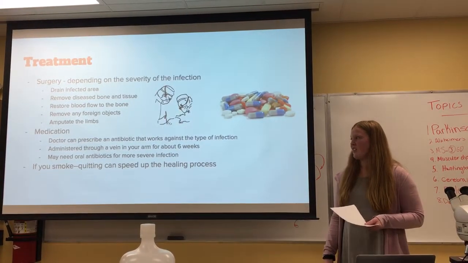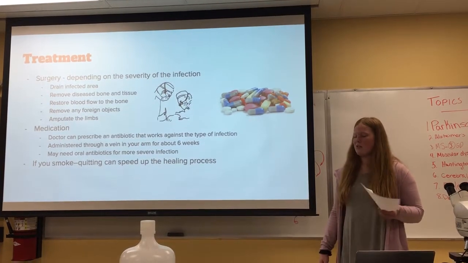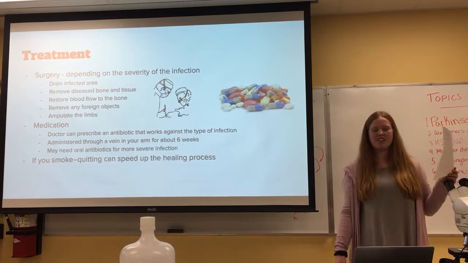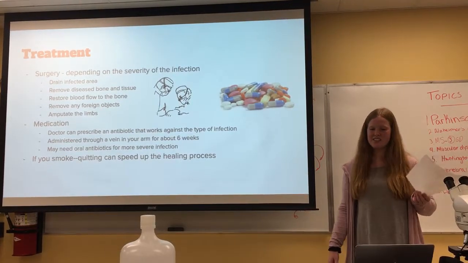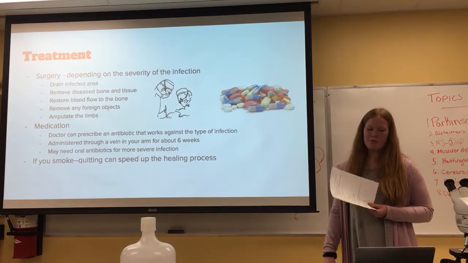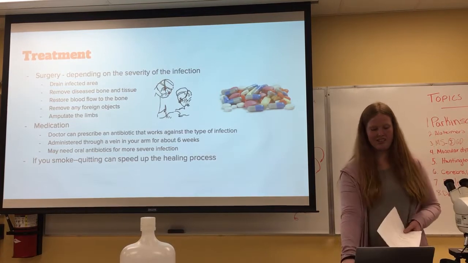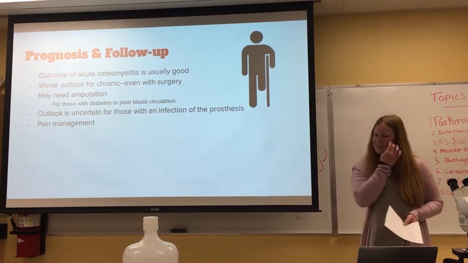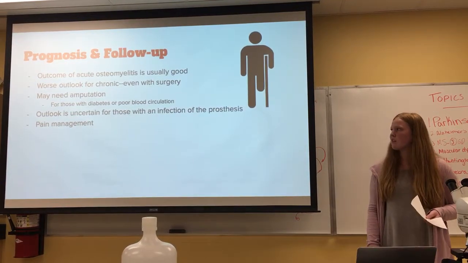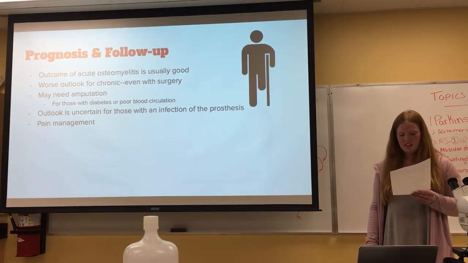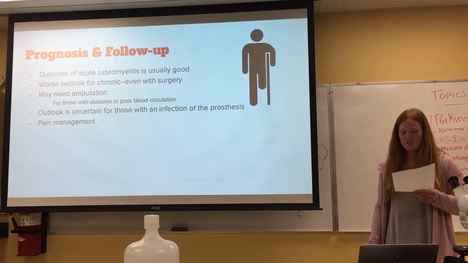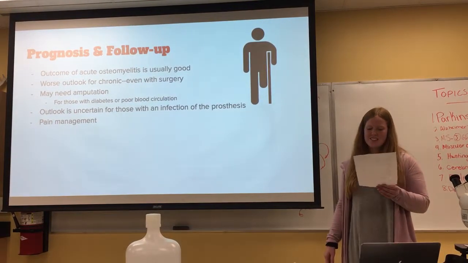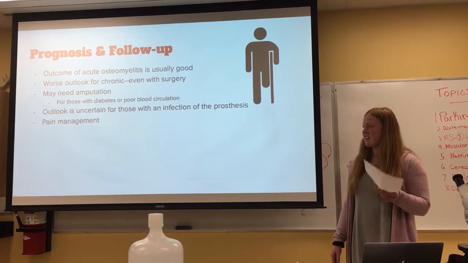And then the medications are either oral or they take antibiotics for up to 6 weeks. And then they encourage you to stop smoking if that is part of it. The outcome is usually good for acute, but with chronic, it can worsen with the surgery, which is when they need to amputate.